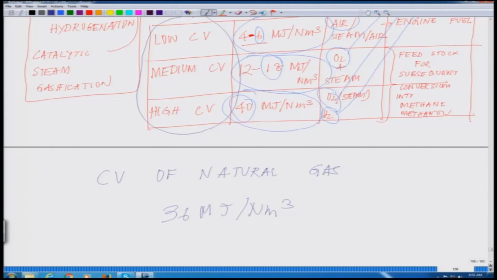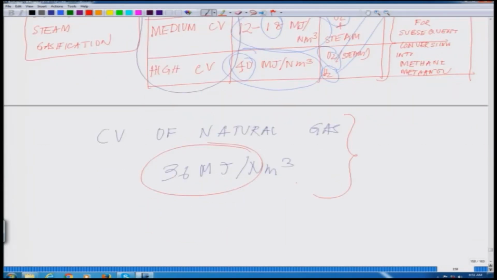Now, you just compare. Here is the natural gas which is 36; you have 6 as the low calorific value, I am just taking the higher values. Okay. You have 18 which is the medium calorific value, and you have the highest calorific value, 40, after a lot of expenses in terms of oxygen, hydrogen and likewise. And here is what nature has produced.